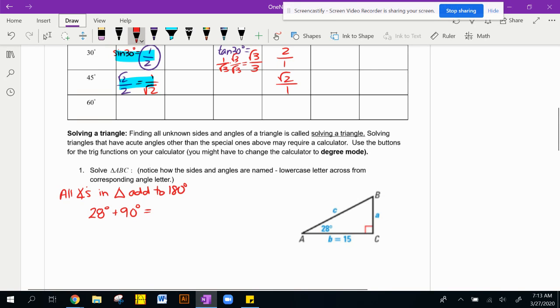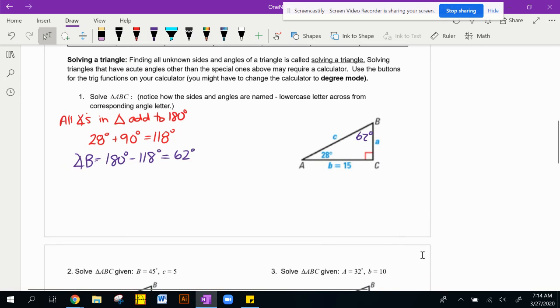If we add those up, we get 118 degrees that we already have. So to find the missing angle, which they called B over here, we take 180, which is what all the angles should add up to, and subtract the angles that we already have. And we get 62 degrees.